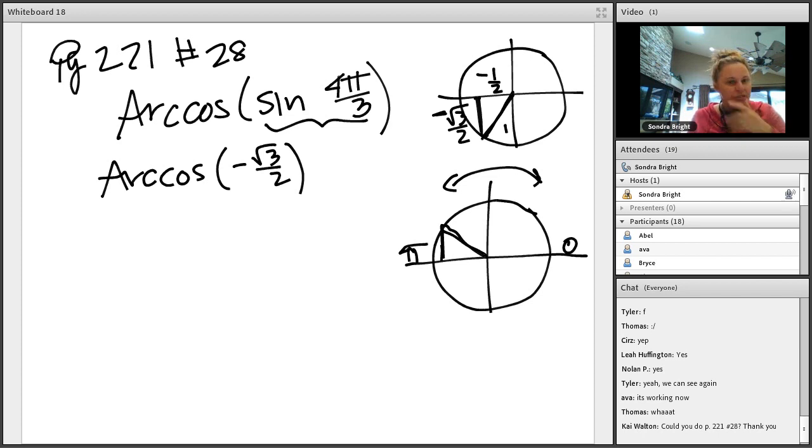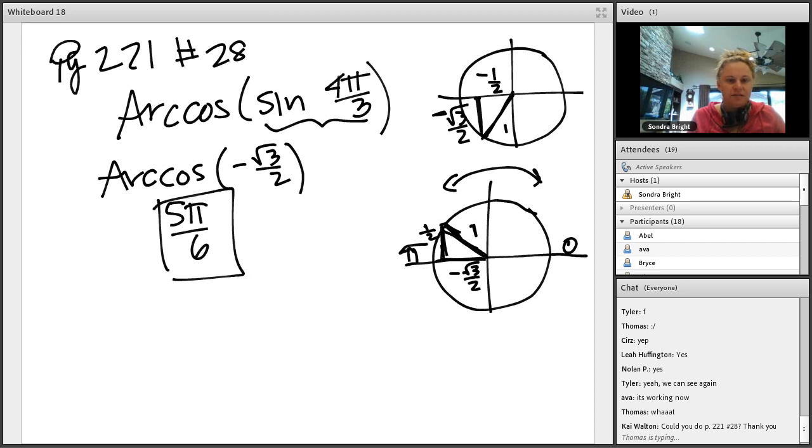Cosine's negative in quadrant 2. And cosine means that this would be the x value, negative rad 3 over 2, the y value is a 1/2, and then a 1. And that triangle is the short one. It's a shorty triangle, so 30 degrees, right, which is pi over 6. And in quadrant 2, that is a 5 pi over 6.